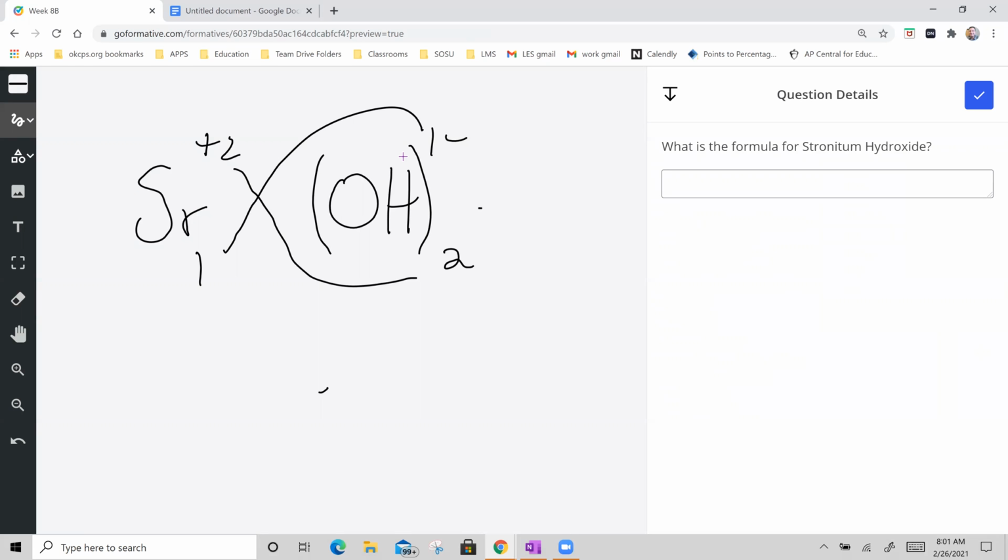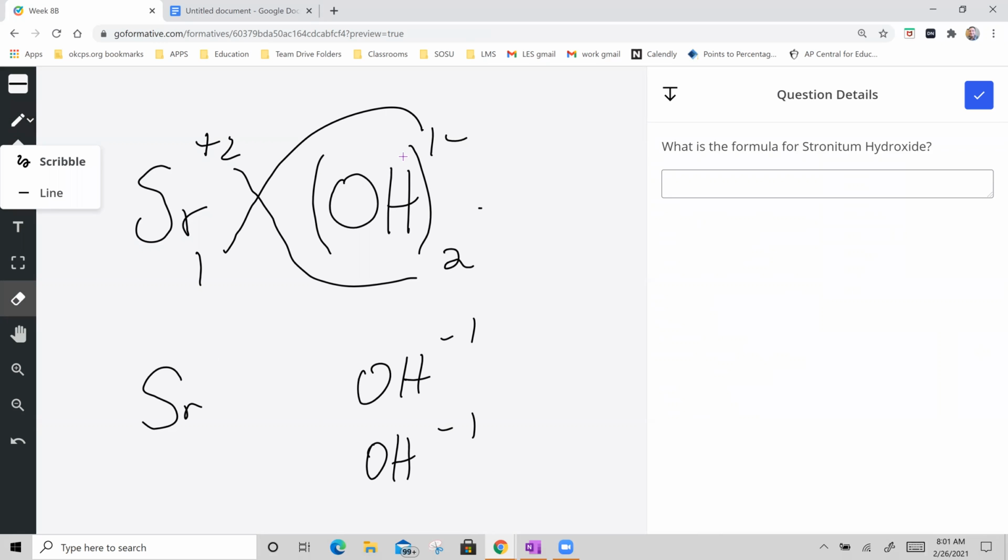I can't write my formula in over here right now because I have the wrong setting. You have the right setting, and we've been doing this for a while, so you should know how to do that. What this means, though, is I have 1 strontium, and maybe I can write strontium with a 1+ charge, and it means I have 2 hydroxide, each with a -1 charge. And I wrote the wrong charge on strontium. It's actually not +1, it's actually +2.